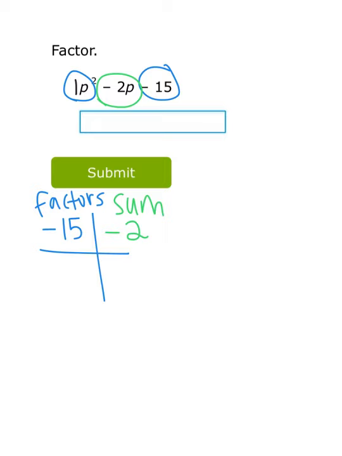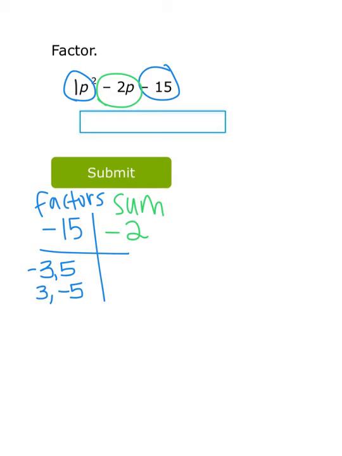Alright, so let's think of some factors of negative 15 that would also add up to negative 2. Well, the first thing that pops into my head is 3 and 5. But 3 times 5 is positive 15. So in order to make this negative, I need one of these numbers to be negative. So these are my two combinations that I could use to get negative 15 with 3 and 5.